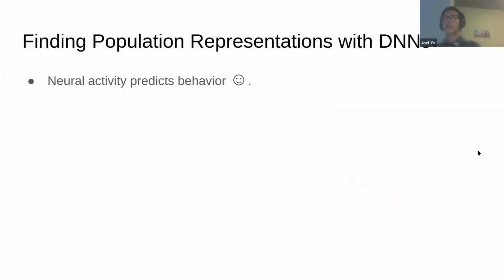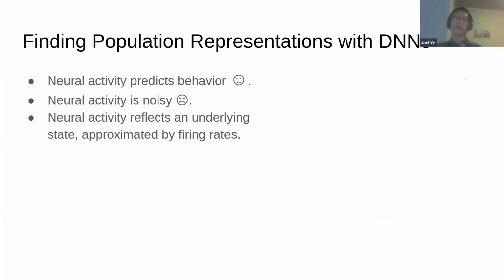Okay, great. So we've seen that neural activity predicts behavior, which is great, but unfortunately, it's noisy. So if we're trying to train behavioral decoders on top of these, they won't perform very well. Fortunately for us, neural activity reflects an underlying state, which is more stable.